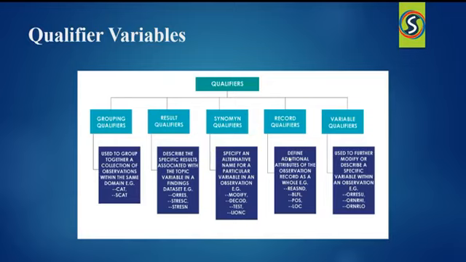Next we have your record qualifiers. Those are going to define additional attributes of the observations or the record as a whole. So rather than describing a particular variable in a record, you can use this.